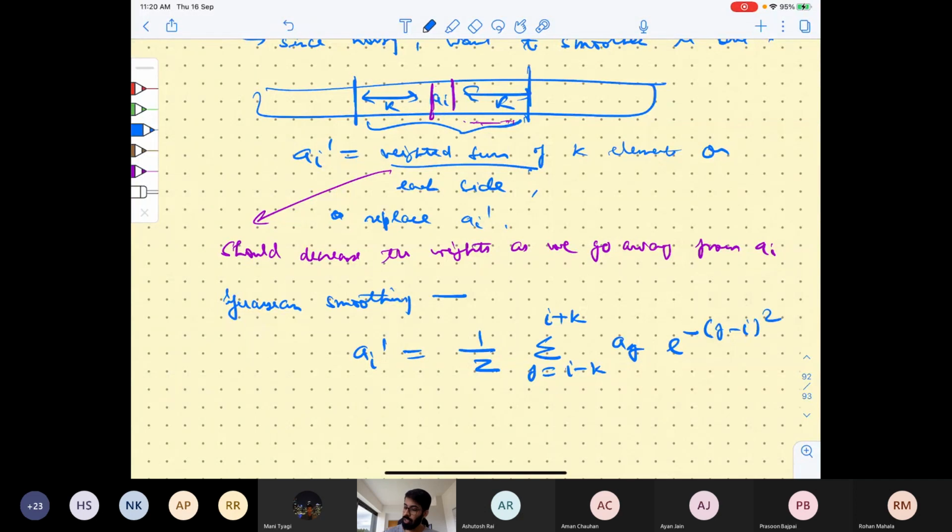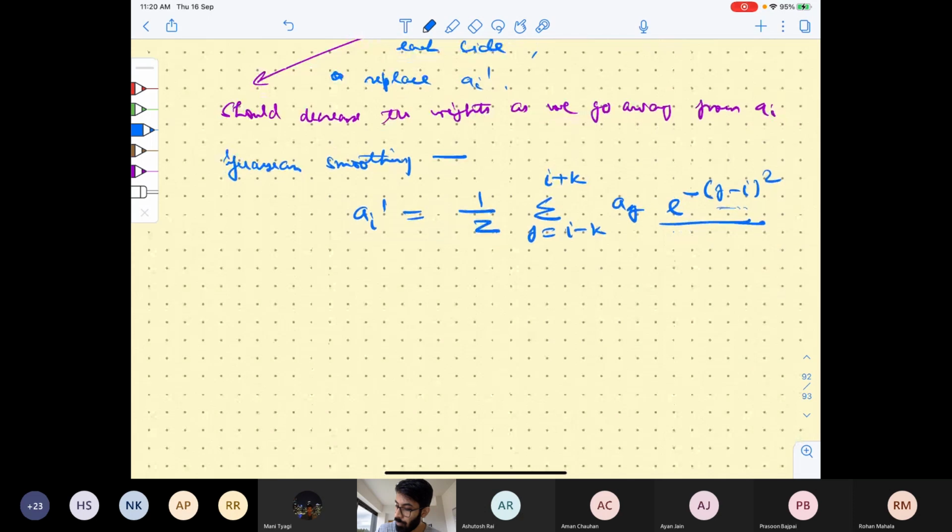Okay. So you see that this e to the power term will decrease very rapidly as you go away, as the difference of j and i increases. Okay, and here this k is called the width parameter: how much on each side you want to go.